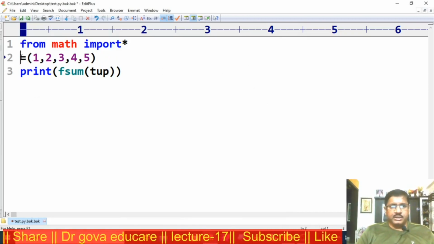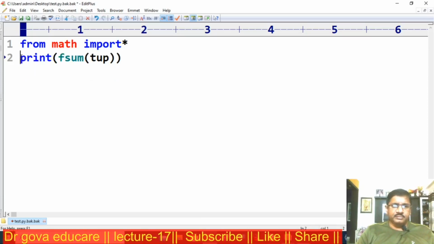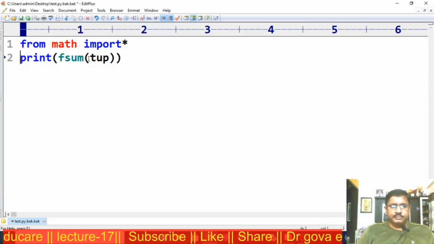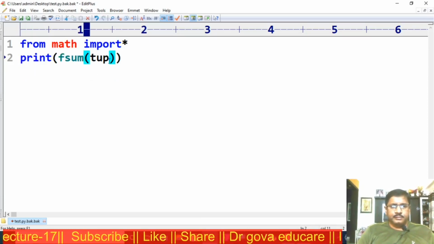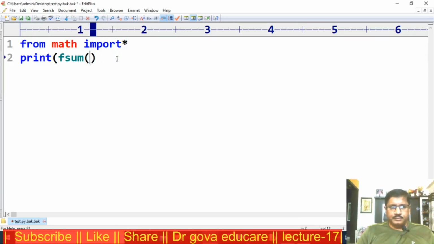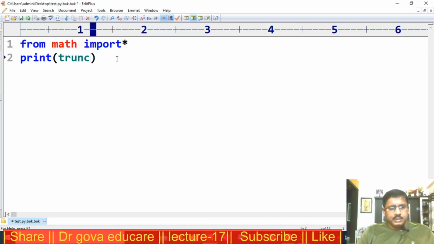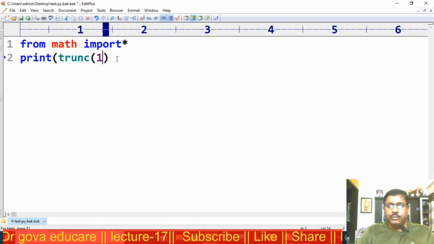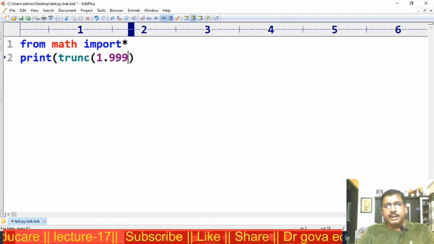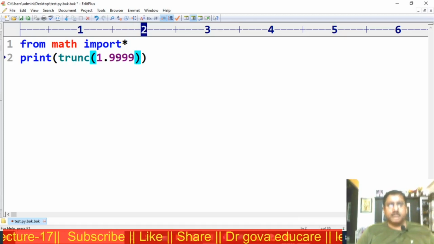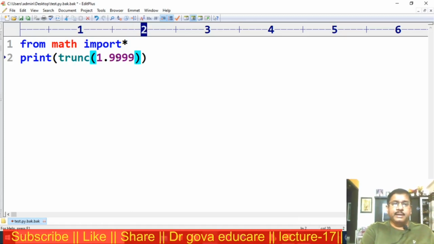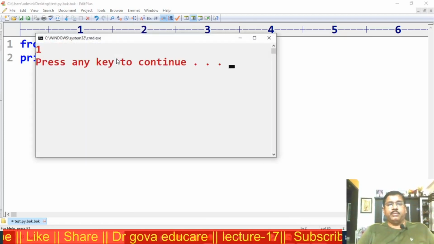Next I am using the trunc function. Trunc of 1.999, it gives 1.